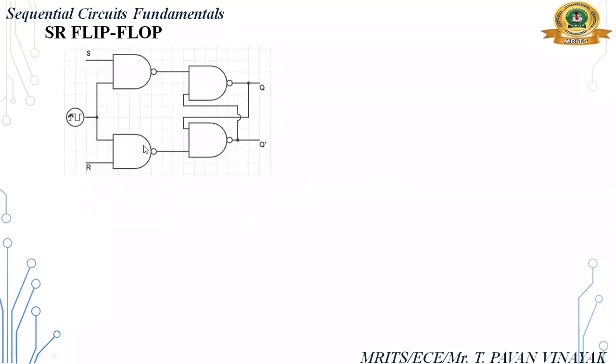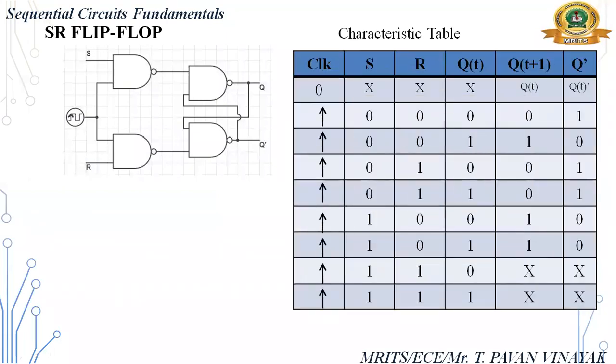So this is the SR flip-flop. So I am drawing the characteristic table now. The characteristic table for flip-flop, I am representing the present state with Q of t. Instead of taking Q of t minus 1, I am taking present state Q of t. So I am calculating the next state Q of t plus 1.